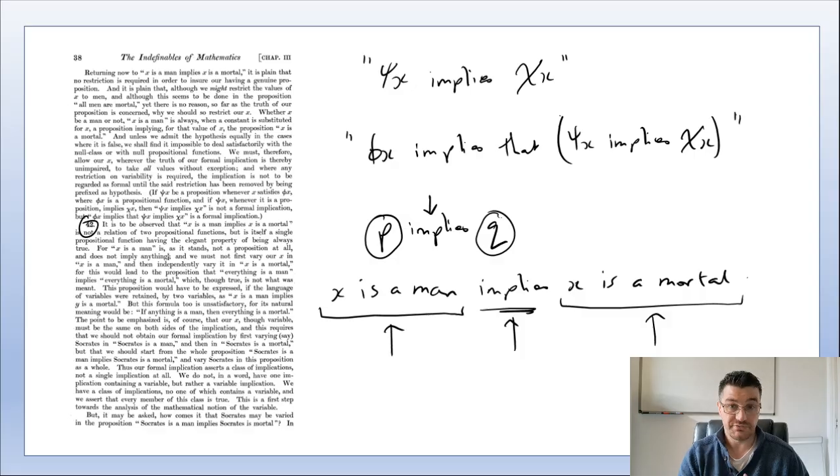But a propositional function is, strictly speaking, not a proposition. So it can't imply anything, and it can't be implied by anything. And that's why he suggests that this formal implication here is not a relation of implication between x is a man and x is a mortal. Because it can't be.